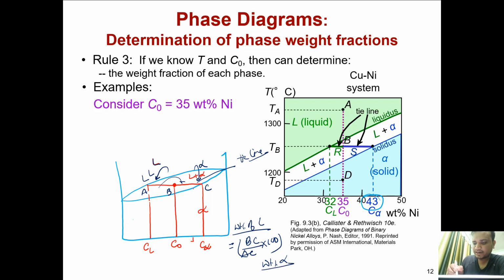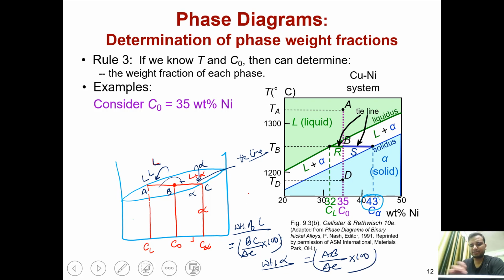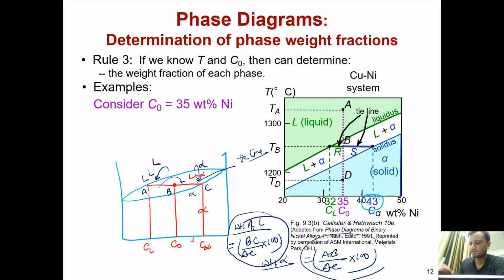Alpha is on the right hand side, so we take the left hand side tie length, that is AB divided by AC into 100. So this is the mechanism to solve it. There is a derivation for this also, but I think you don't need to go to the derivation. You simply learn it.